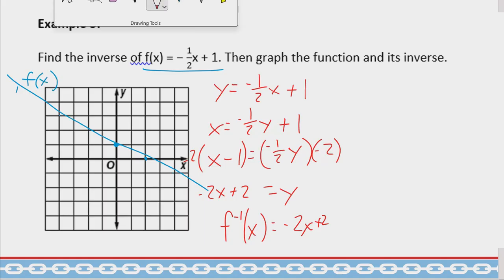And I'm going to graph my inverse here starting at positive 2. It has a slope of negative 2. So this is my inverse function. Right? And I can label those out like that.